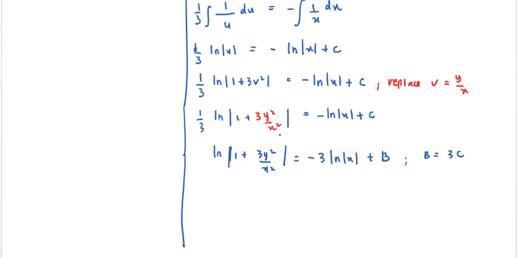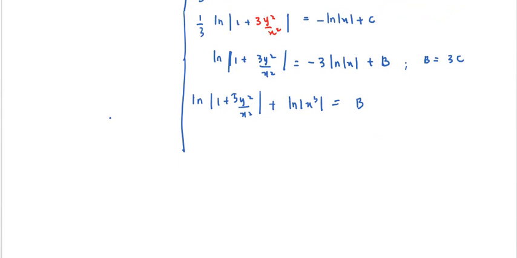Okay, so now by using the properties of log, kita pindahkan this ln ni ke belah kanan, kita nak kumpulkan dia, so kita akan dapat ln 1 plus 3y square over x square plus ln x kuasa 3 equal to B. Kenapa kuasa 3? Properties of log juga. Yang mana yang kat sini boleh jadi power, dia akan jadikan power. Teruskan lagi.